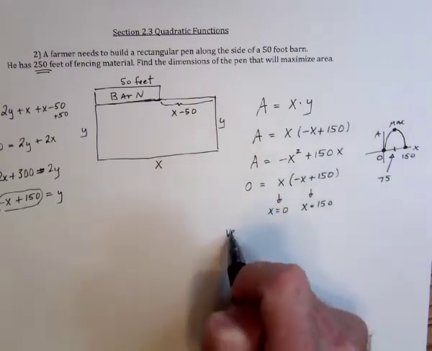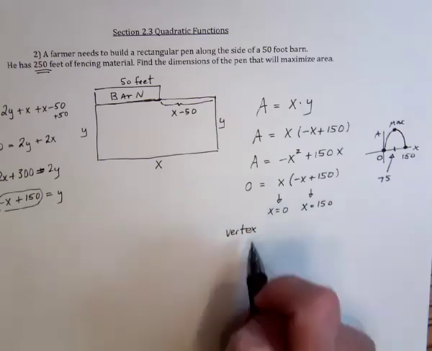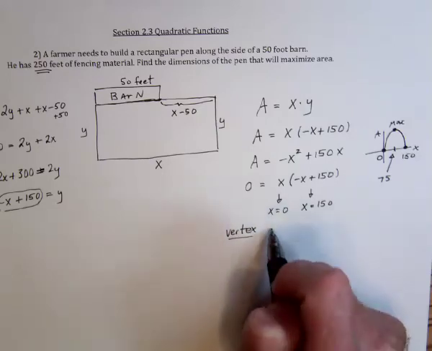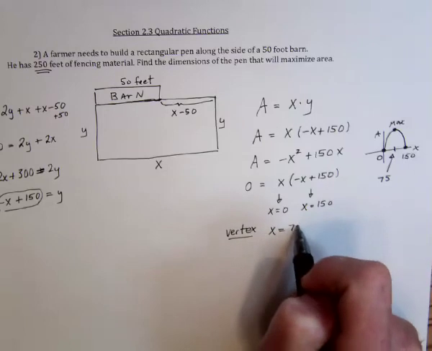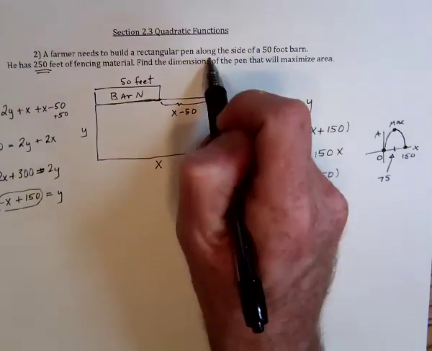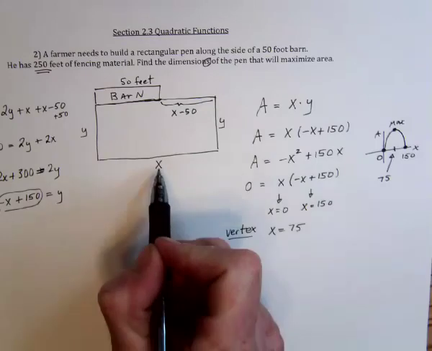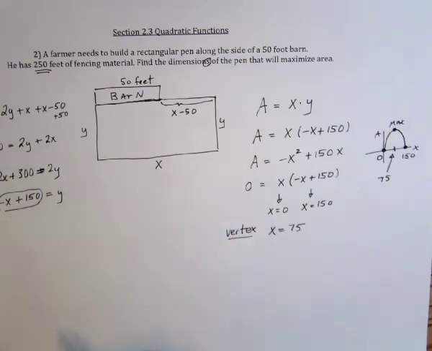So the vertex, or the maximum, is going to be at x equals 75. But we're not done yet, because it said to find the dimensions, not just one of them, x, but we also need to find y.